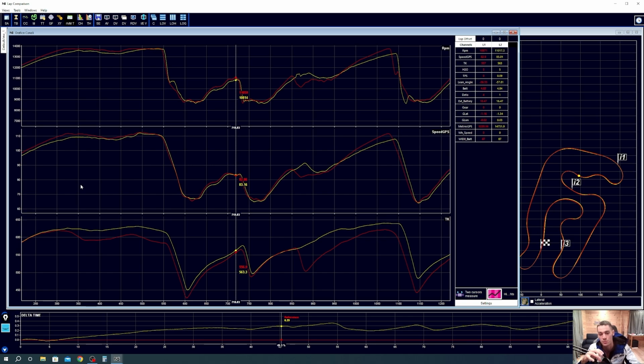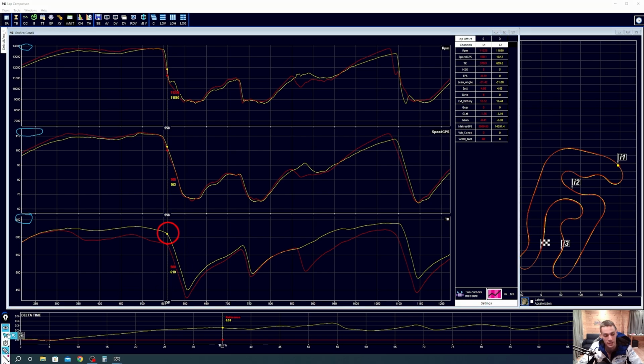That's why the exhaust temperature goes up. Conversely, when you're off the gas, the opposite happens. You go off the throttle, and you can see in this case that the exhaust temperature is going down. I hope that makes sense to you.